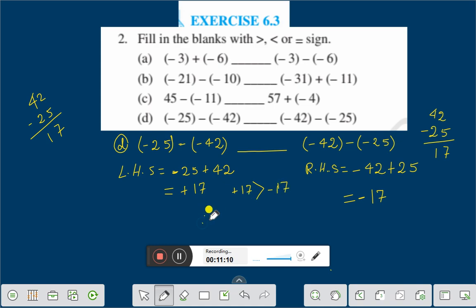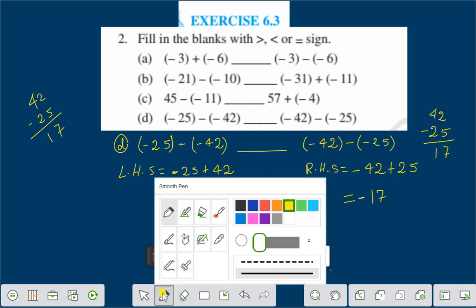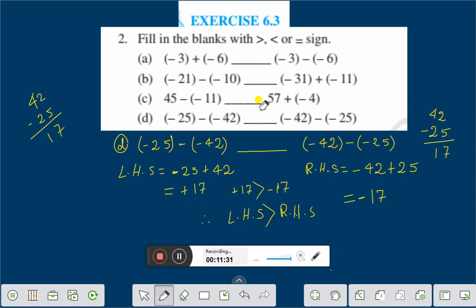Therefore, you can say that left hand side is greater than right hand side. Right? Therefore, we can say that left hand side is greater. This is the solution of question number 2.